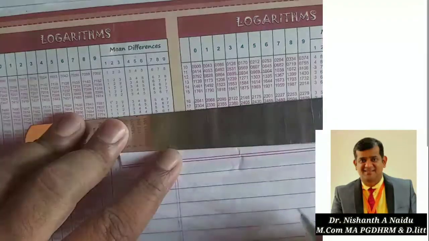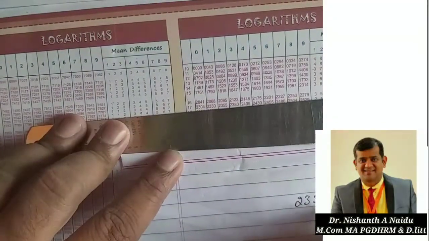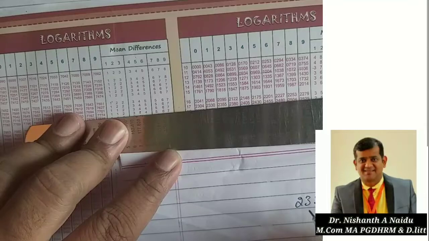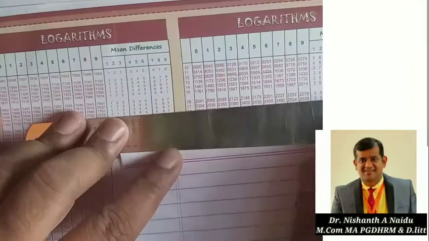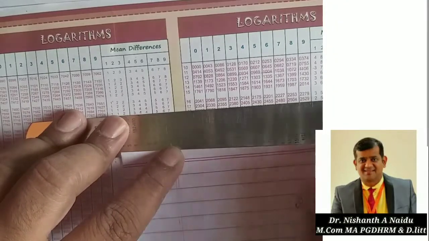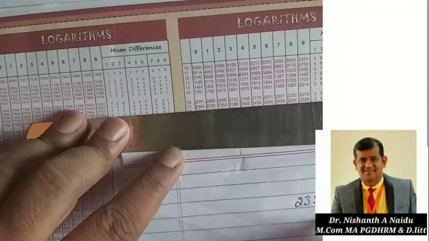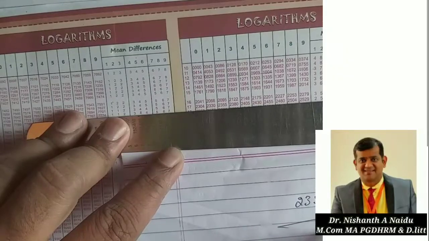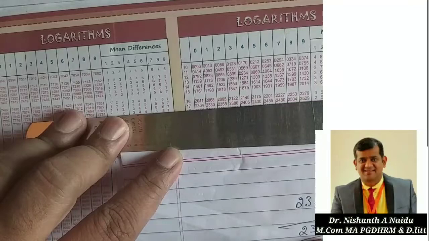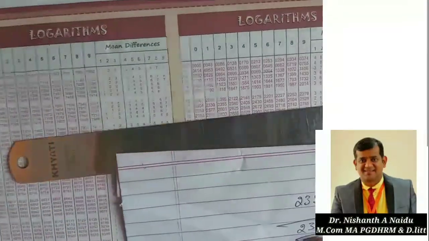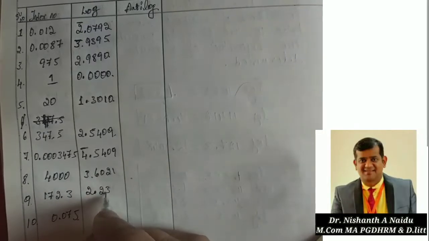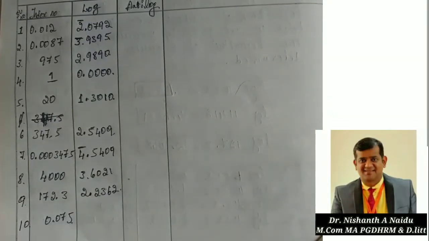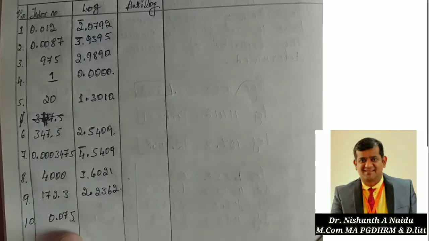Correct. So I'm writing 2355. Then 3 in the mean difference, so the mean difference is 7. So I am adding that 7. So that will become 2362. Okay. So I am writing that here: 2.2362.